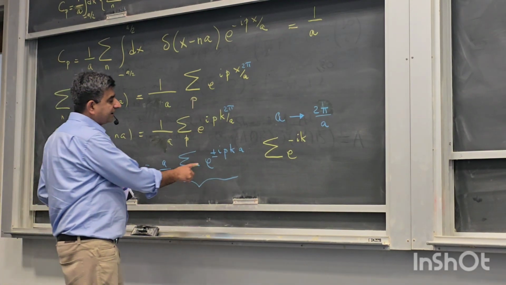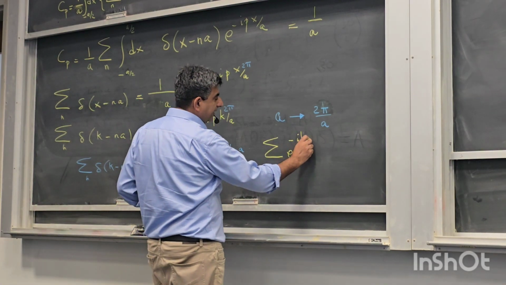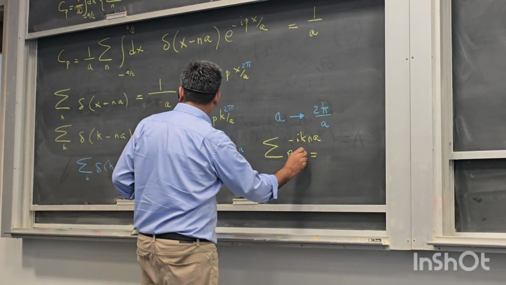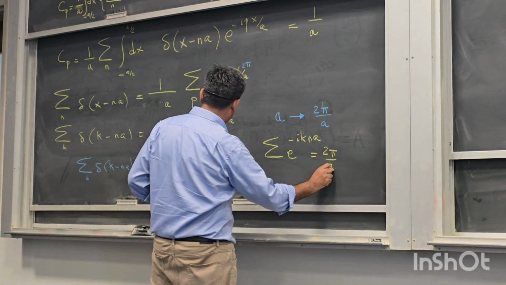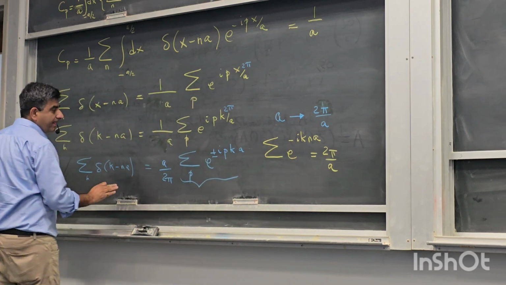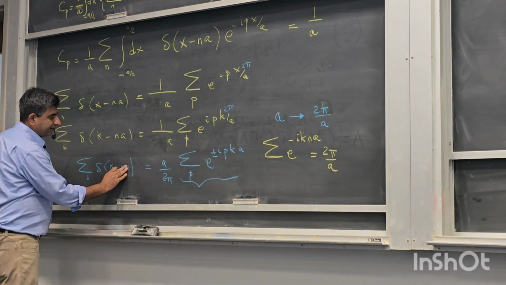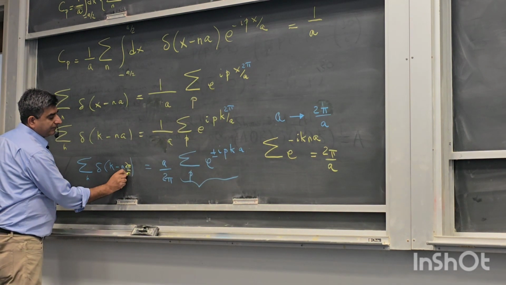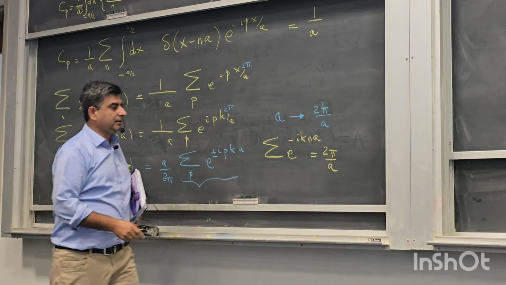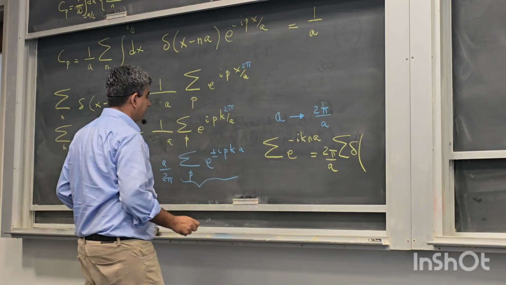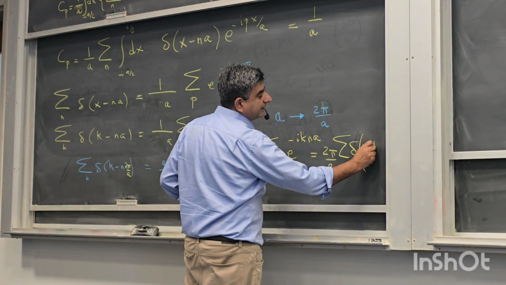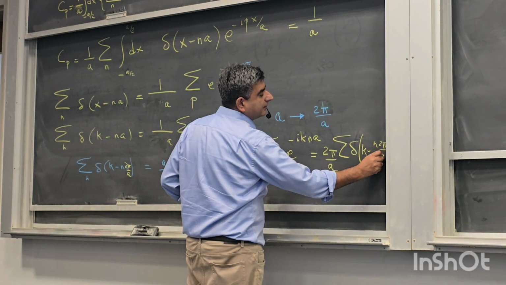So this means minus i K NA is equal to 2 pi over A. This is 2 pi over A because I made this substitution. K minus N 2 pi over A.